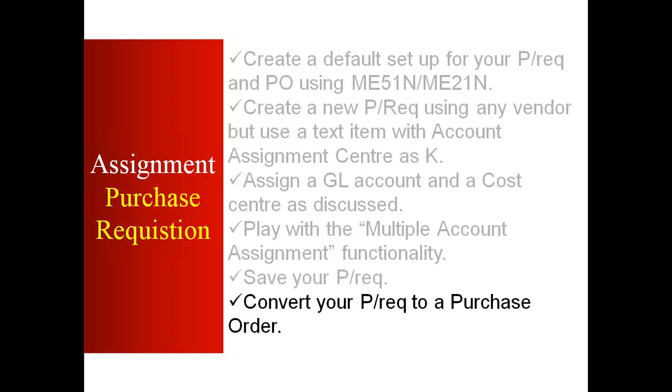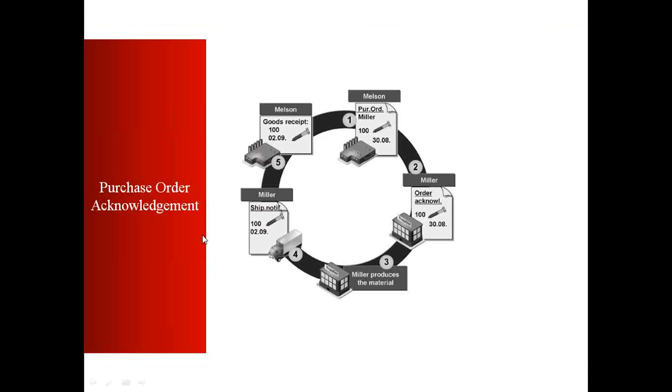Now, in the next topic, we'll talk about purchase order acknowledgement. So what is purchase order acknowledgement? Here, this is my company, we have created a purchase order, and we can send the purchase order to a vendor called Miller.